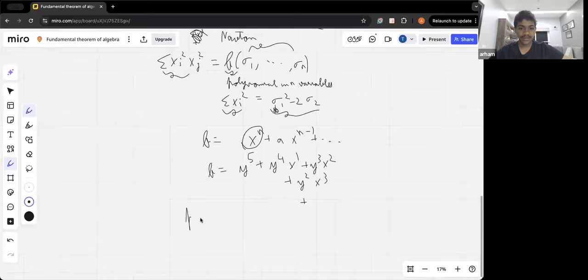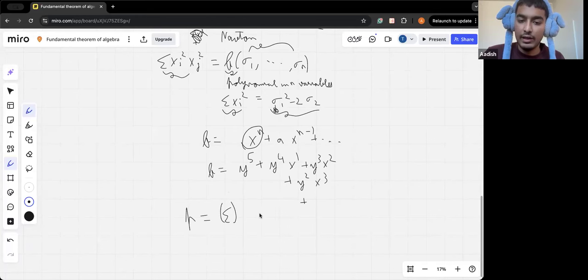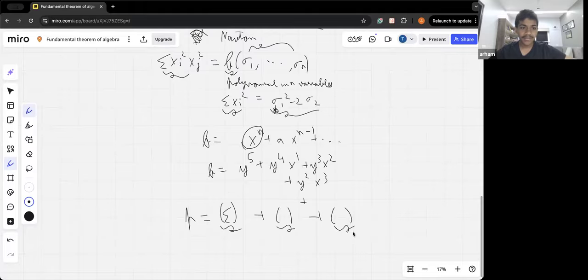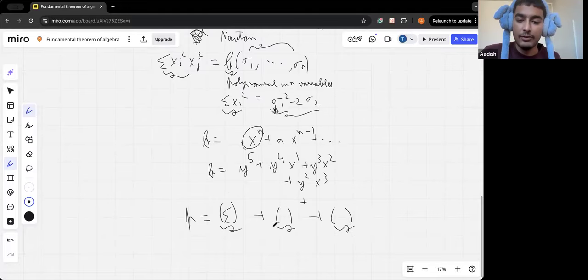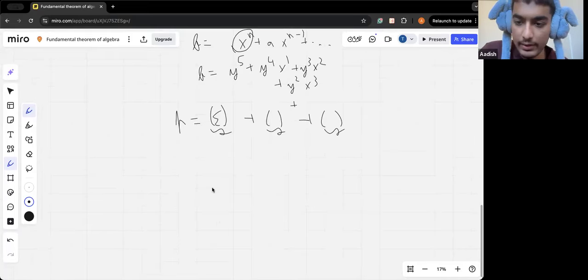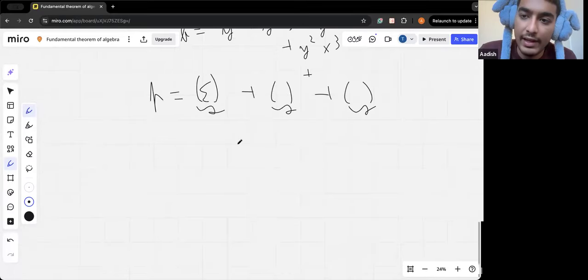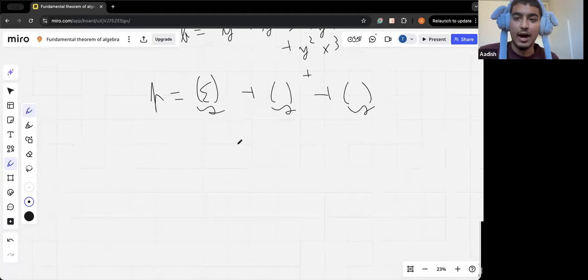You take any polynomial and split it into its homogeneous parts: sum of all degree 5 terms plus sum of all degree 4 terms plus sum of all degree 3 terms, and try to express each of them individually. Express the largest one first, and fine. So you only have to prove the theorem for homogeneous ones. That's fine. Okay, so you have reduced to homogeneous. Now all the terms have the same degree. And now what do you do?